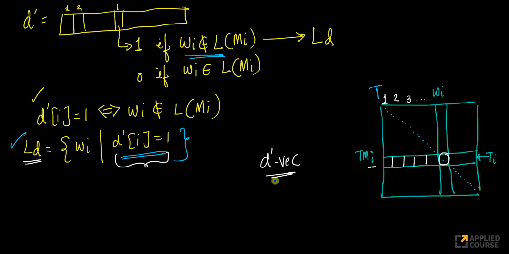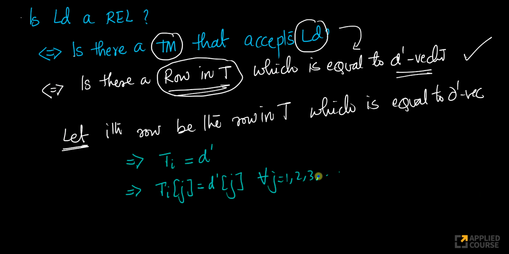When are both these vectors equal? Component-wise, if this cell is equal to this value, and so on, only then is Ti, the ith row, the same as the d dash vector. That's what it means logically.